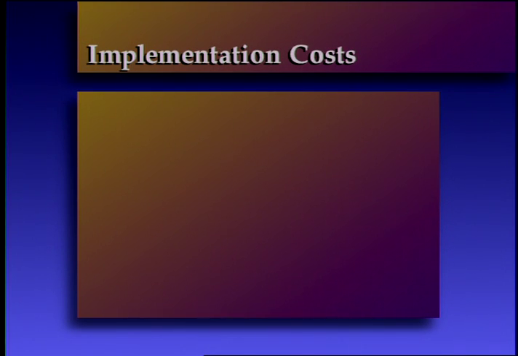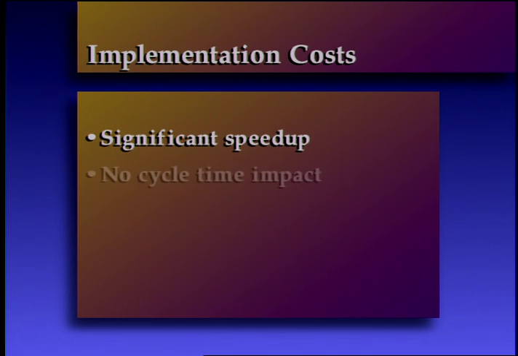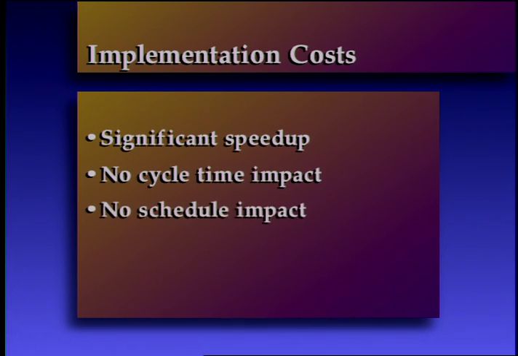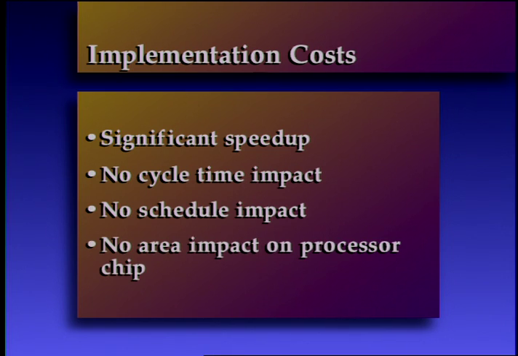Actually, it's pretty amazing that these were the only processor additions needed to enable low-end workstations based on the PA-7100LC processor to achieve high-fidelity, real-time MPEG decompression in software. These simple general-purpose extensions to a microprocessor provided significant speed-up at essentially no cycle time impact, no schedule impact, and no area impact on the processor chip.